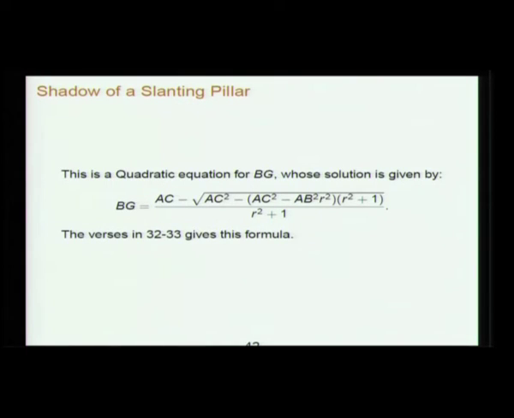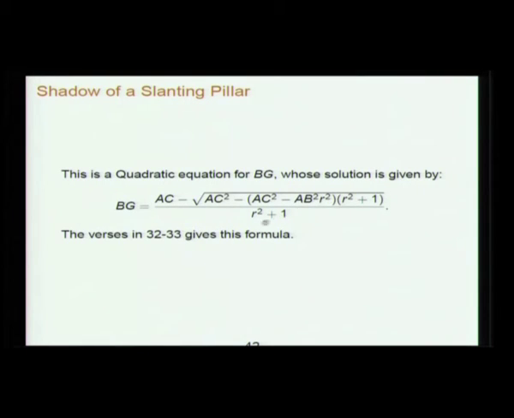Suppose you are given the height of the pillar, AB, which is slanting, and its shadow is AC, and R is the shadow by height.